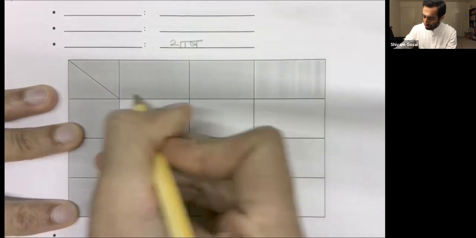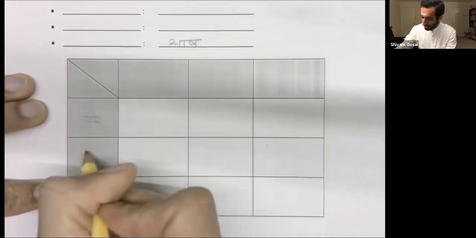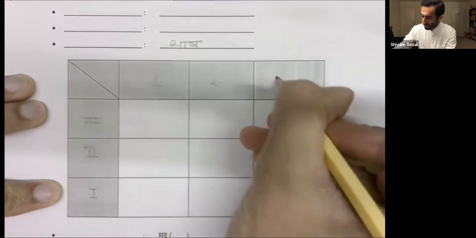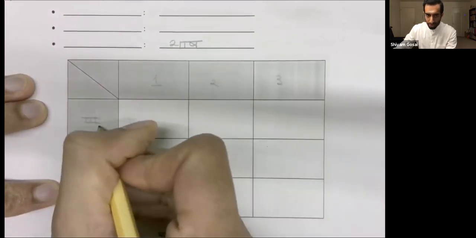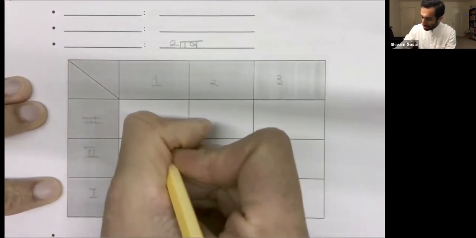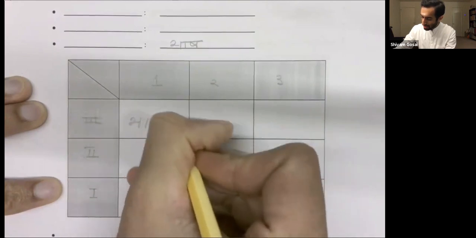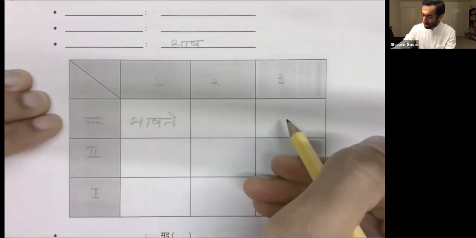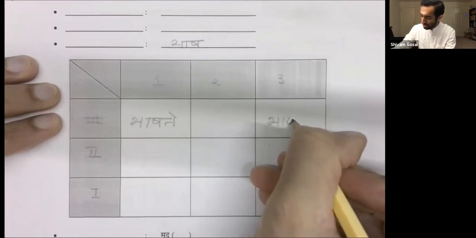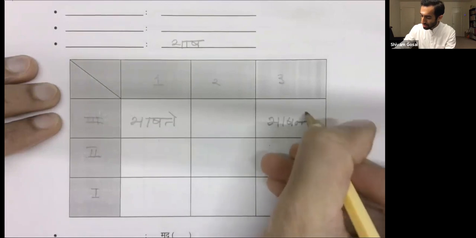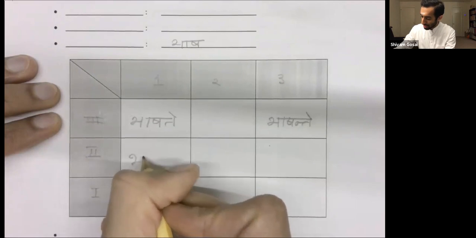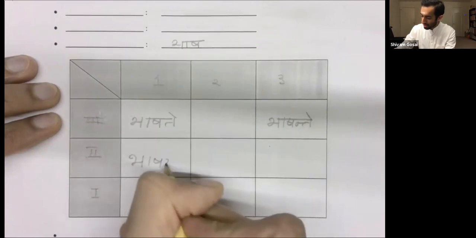All right, let's fill this in. Pratama Purusha, Ekavachanam, Bhashate. Pratama Purusha, Bahuvachanam, Bhashante. Madhyama Purusha, Ekavachanam, Bhashase.